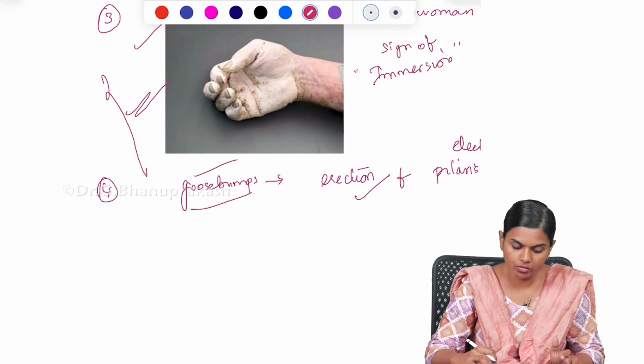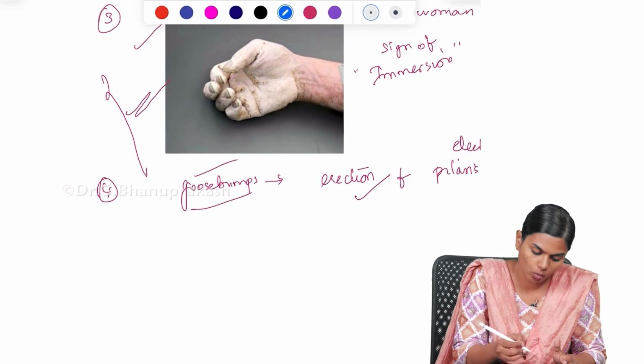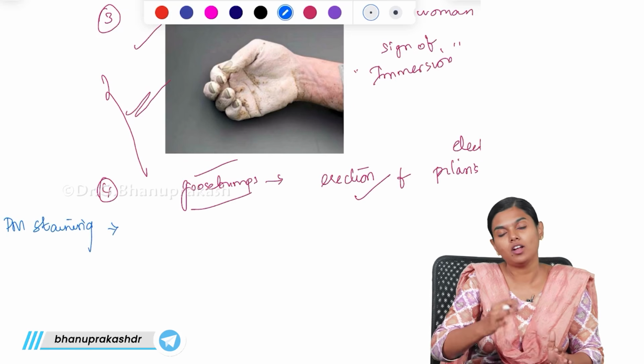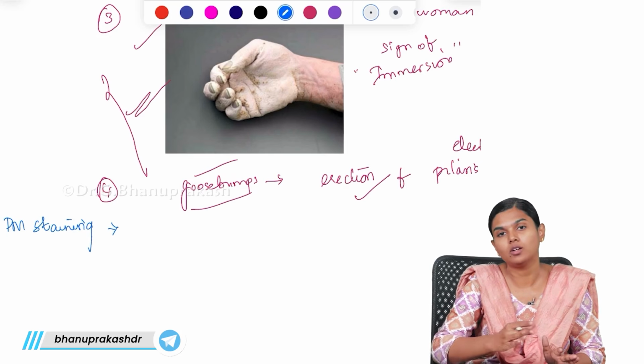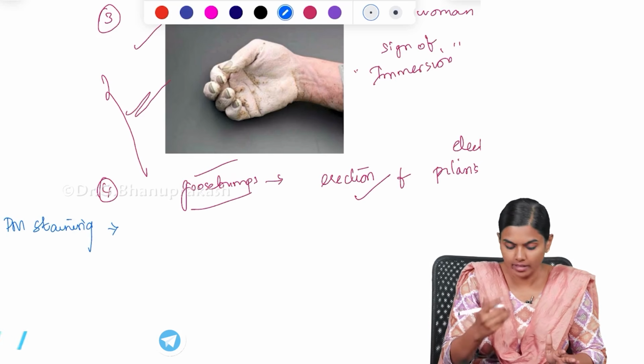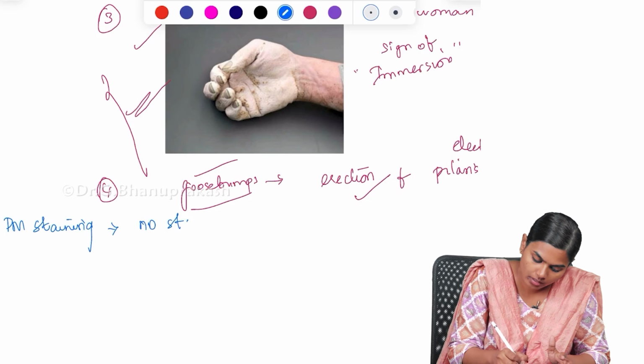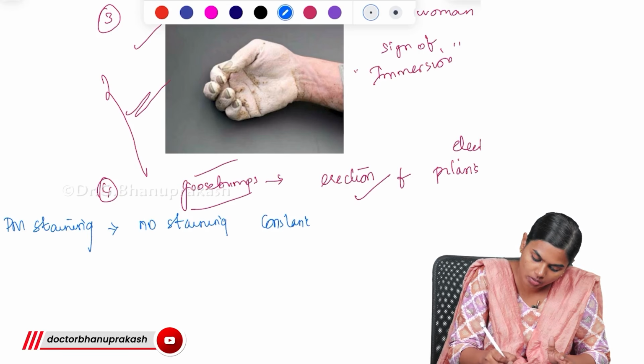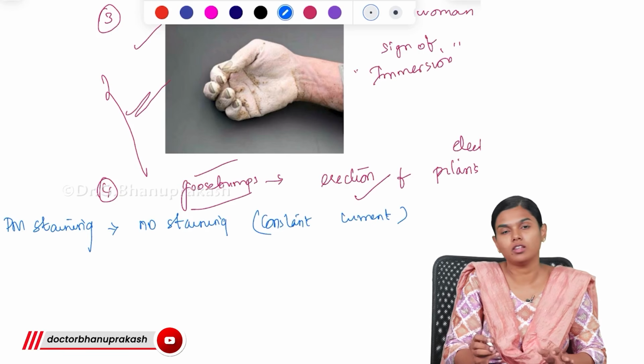Apart from that, there are a few other things that we have to know in drowning. One is post-mortem staining. When there is a constant current in the water, that is, the water keeps on moving, there will be no staining. So if there is a constant current, you will not see any post-mortem staining or hypostasis in the body.